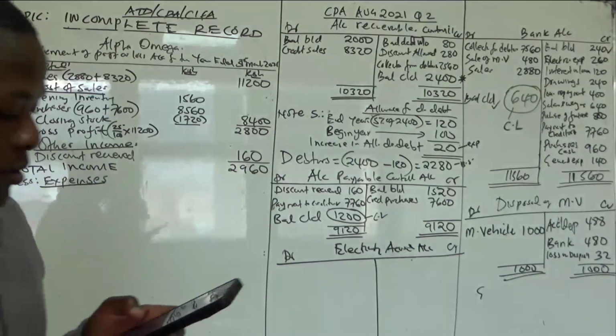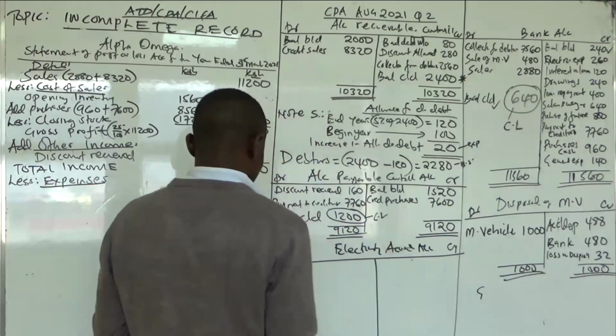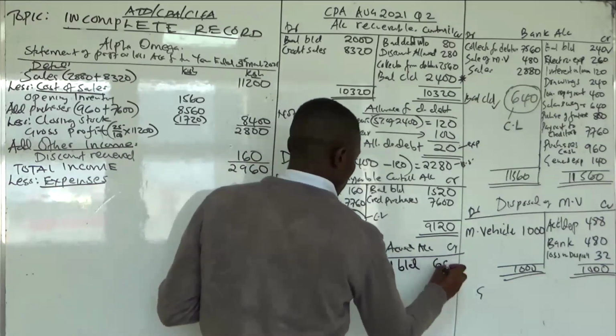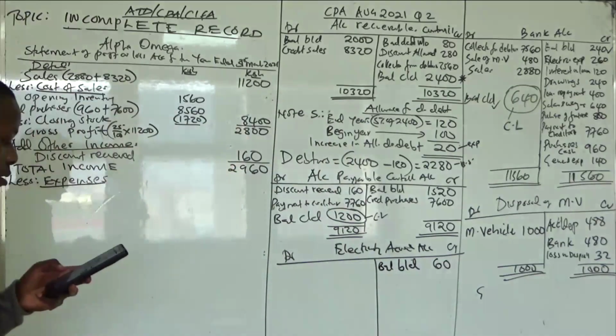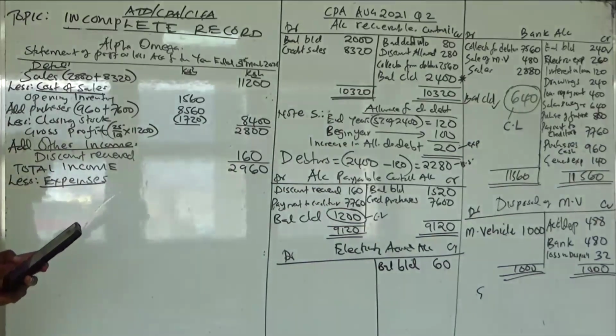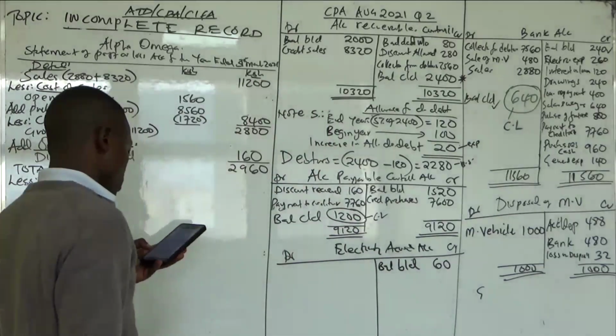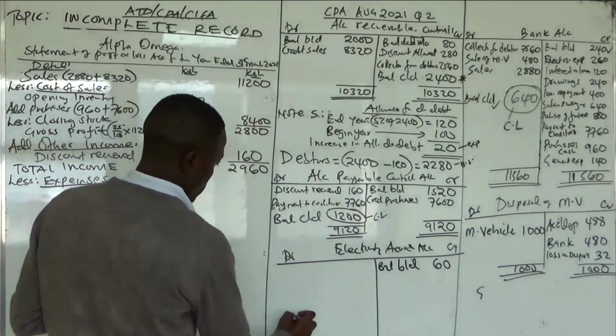260. 60, isn't it? Balance brought down was 260. No, it is 60. Look at March 2020, how much is it? 60. Yes. Then balance carried down.